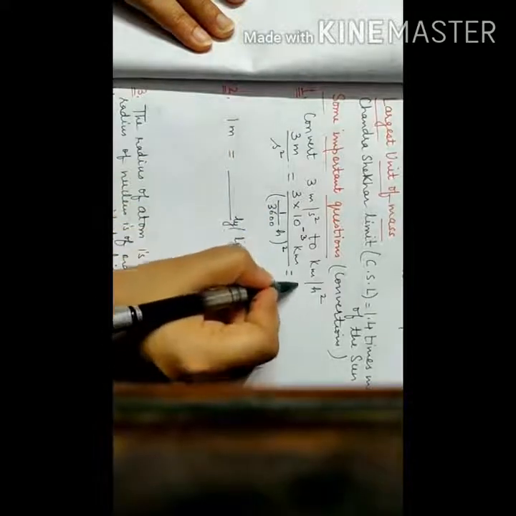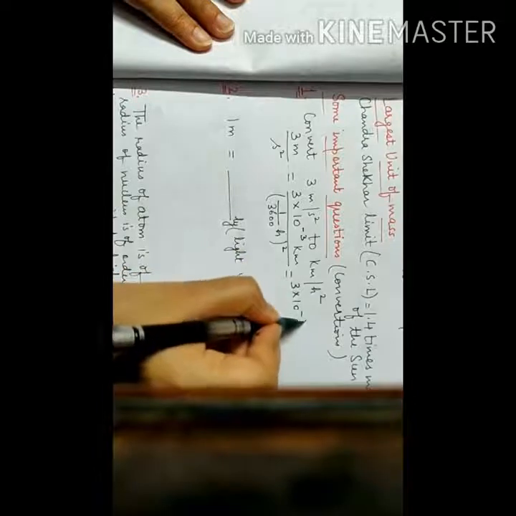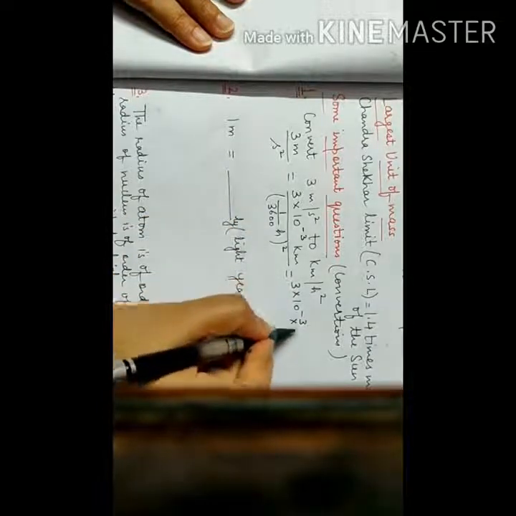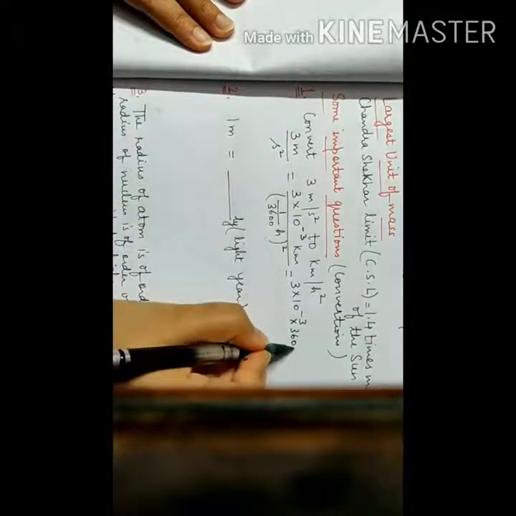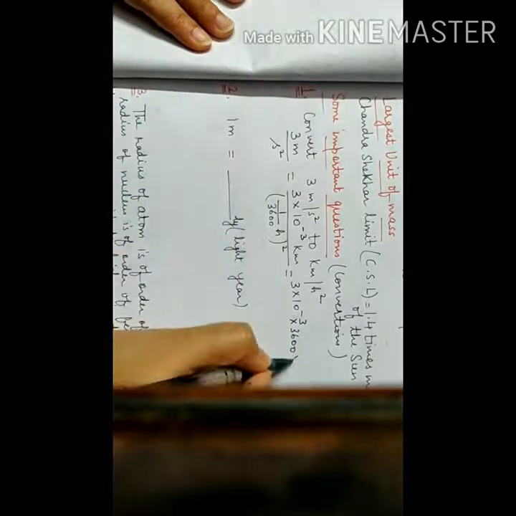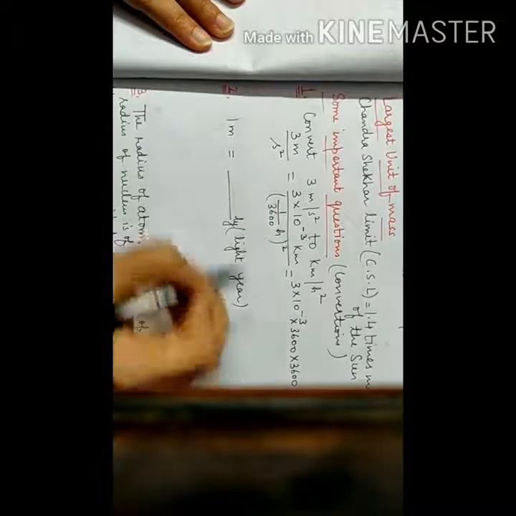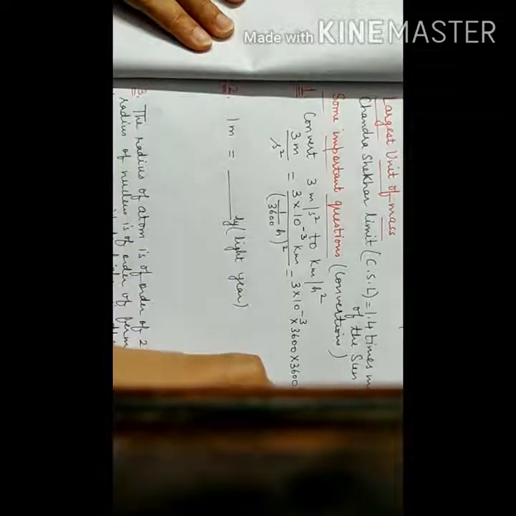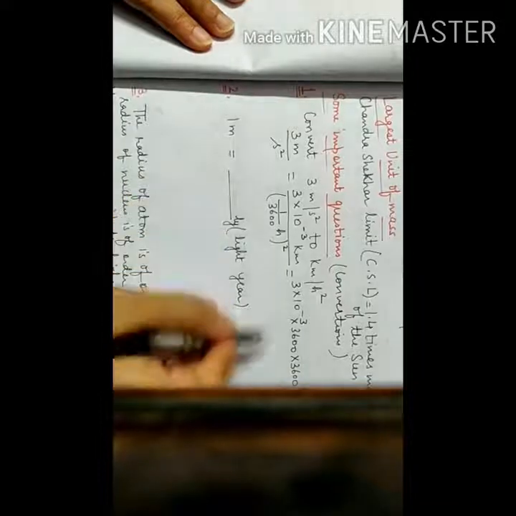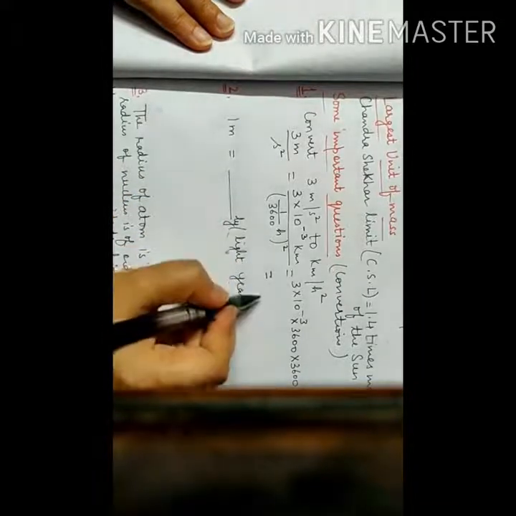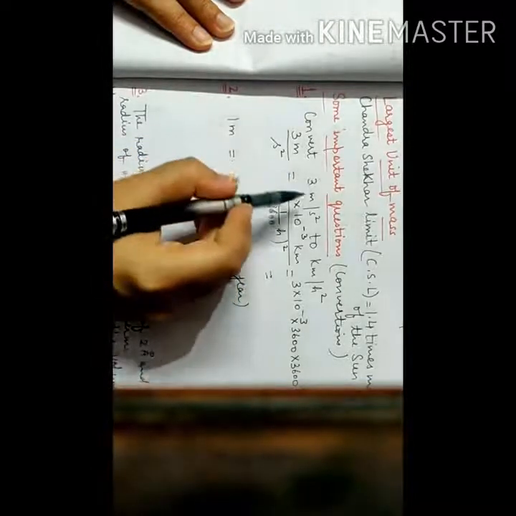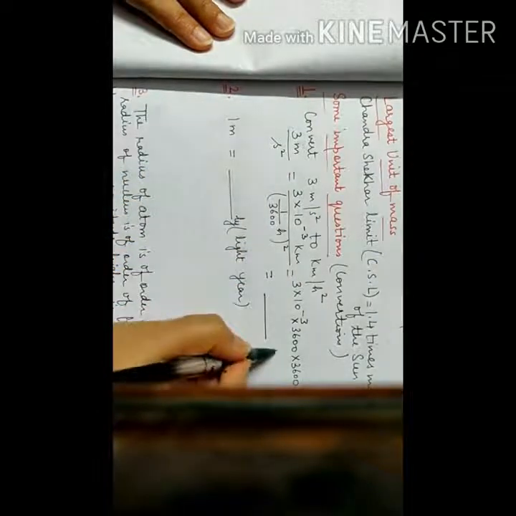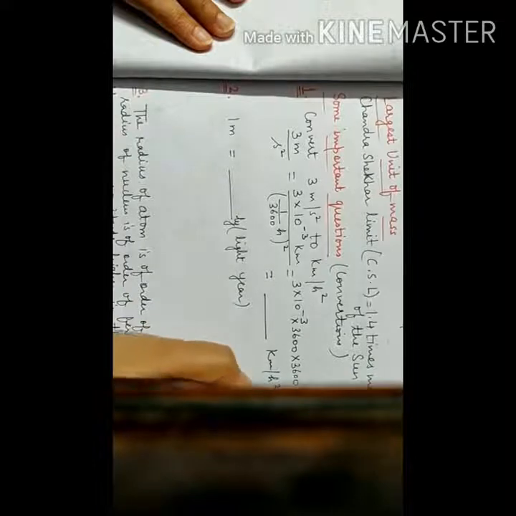Now how will you solve it? 3 into 10 to the power minus 3. 3600 goes in the numerator. 3600 as it is of power 2, then we will write it 2 times. 3600 and 3600. Now unit will be kilometer per hour square. Now you can solve it. When you solve, you will get the conversion of 3 meter per second square to kilometer per hour square.